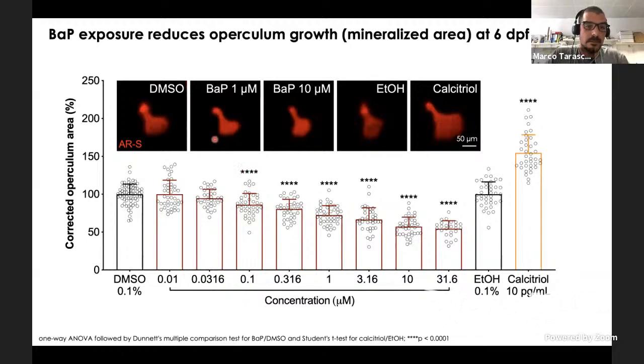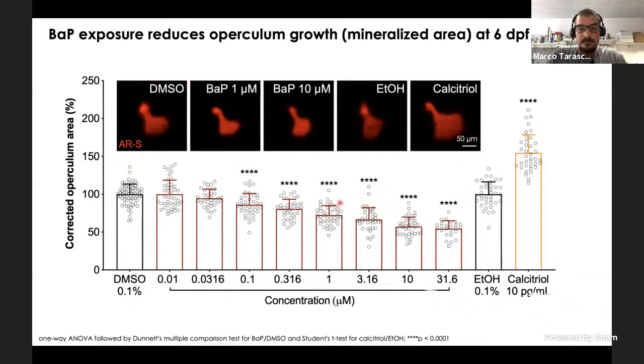As you can appreciate from the images, when we compare the area of the operculum in fish exposed to BAP, we can clearly see that the area was reduced. And after quantification of many fish, we could indeed confirm that BAP was reducing the area of the operculum at increasing concentrations, suggesting that this osteotoxicant may interfere with the mineralization process.